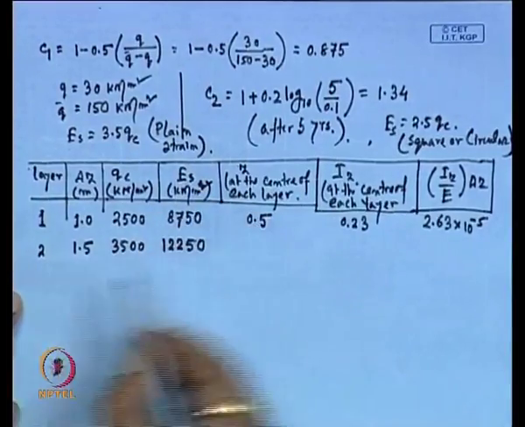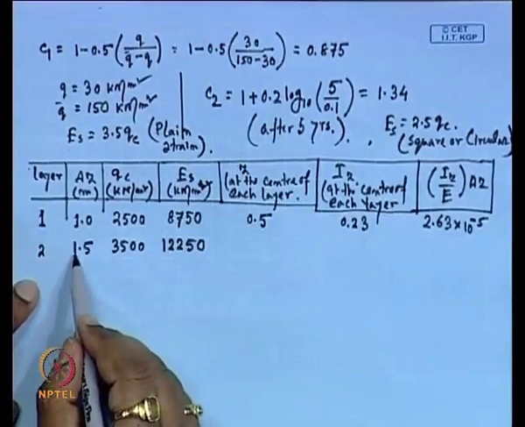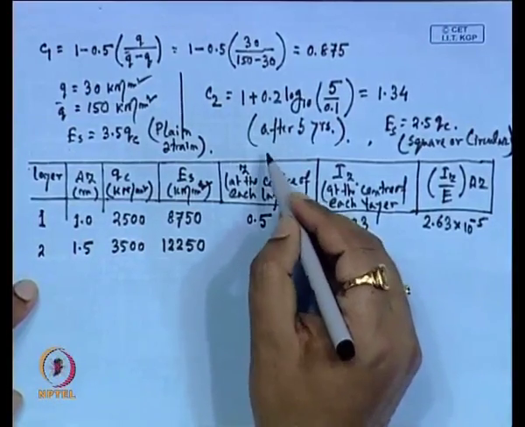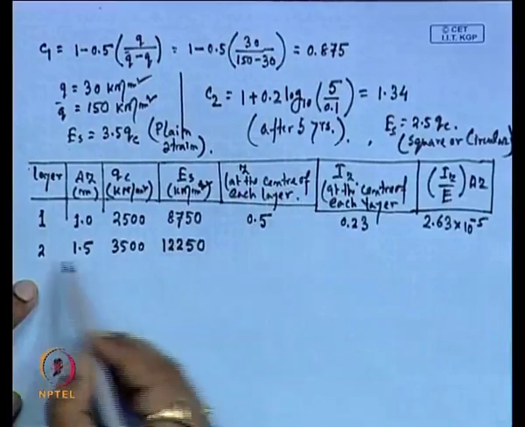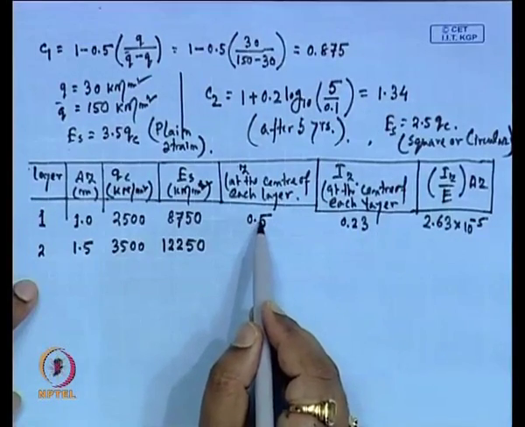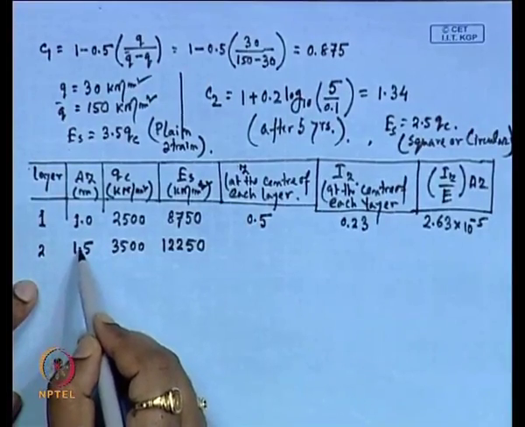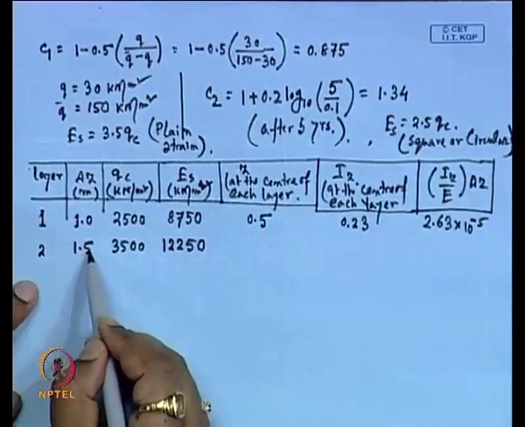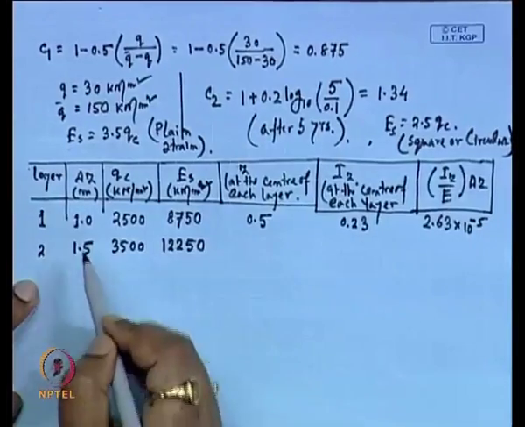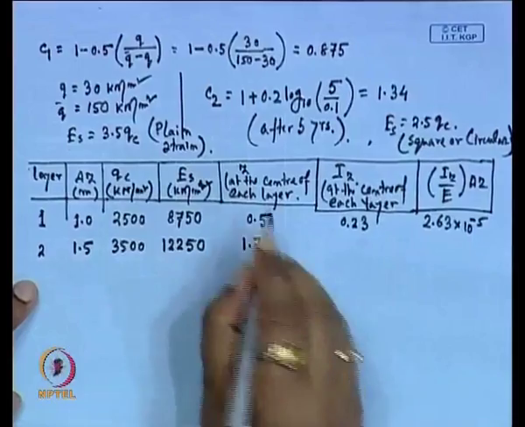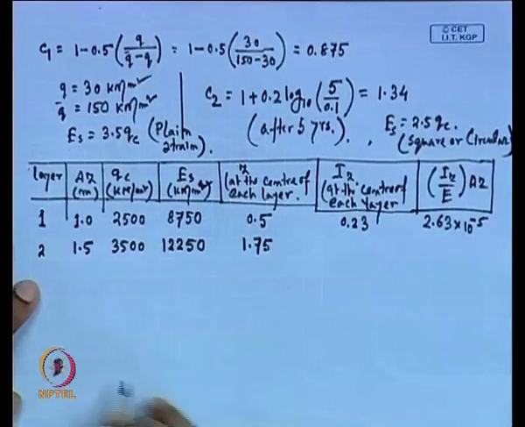Then Z center: the Z value you have to measure from the top, from the ground surface or from the base of the footing. So, the center will be 1.5 by 2, which is 0.75, plus 1. So, this will be 1.75 from the base of the footing.